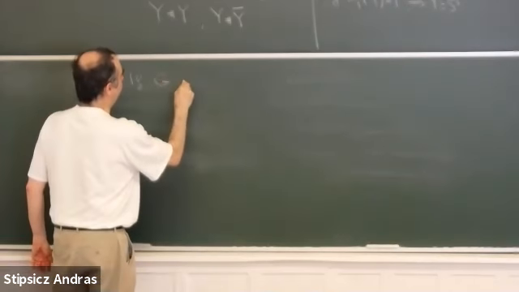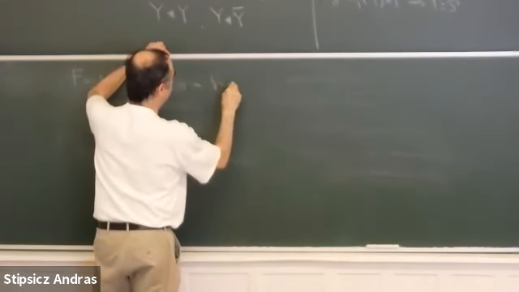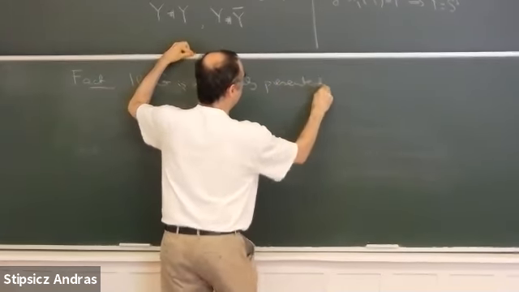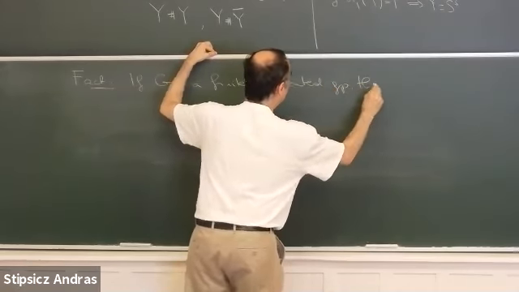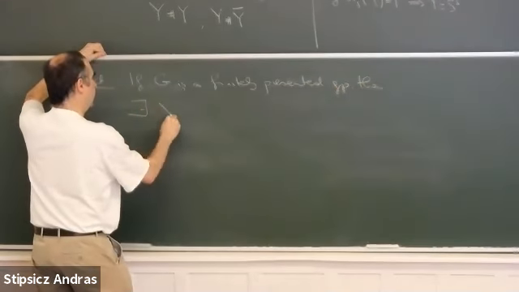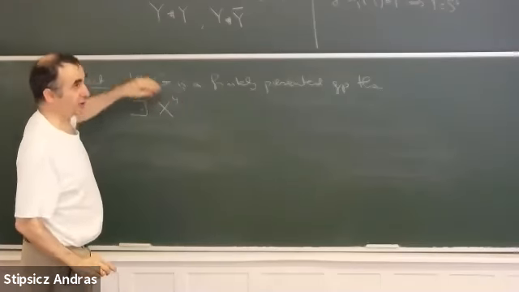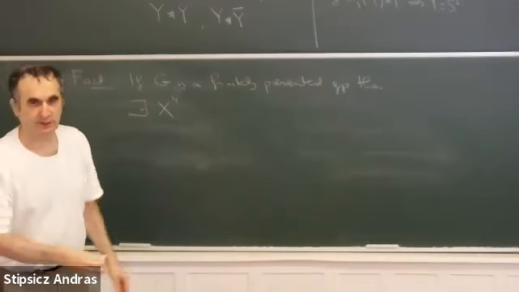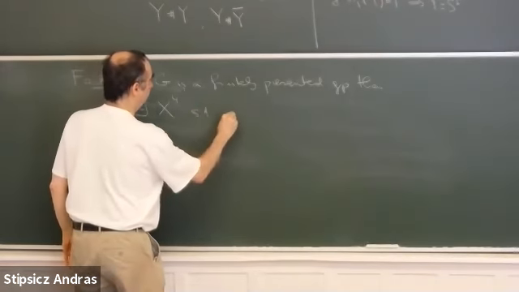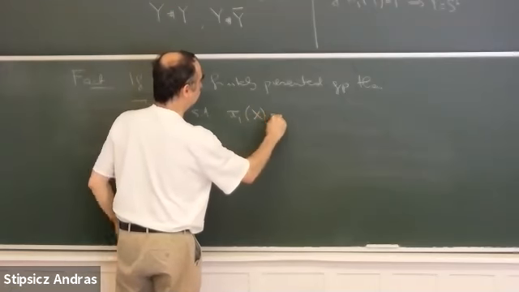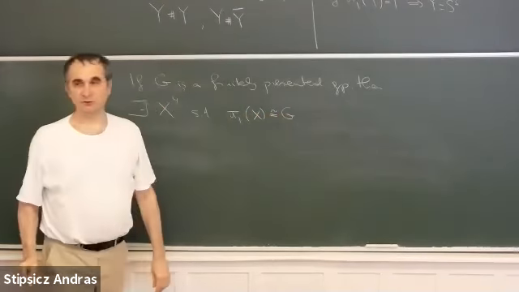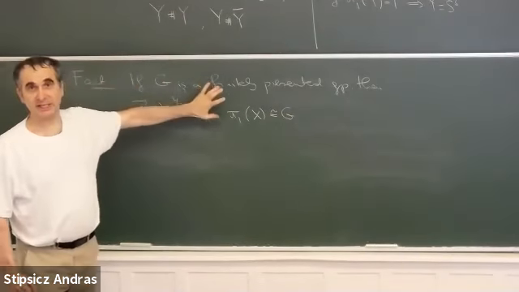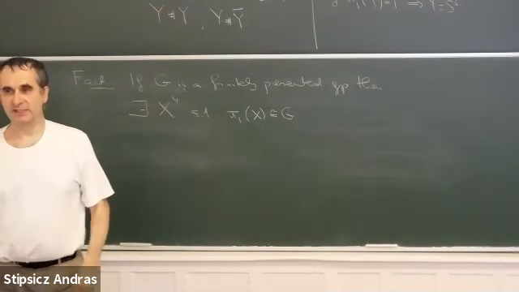If G is a finitely presented group, then there is a four manifold X4 satisfying the previous conditions, that it's smooth, it's orientable, and so on, such that pi1 of X is isomorphic to G. So in contrast to the three-dimensional case, every group will appear as a fundamental group.